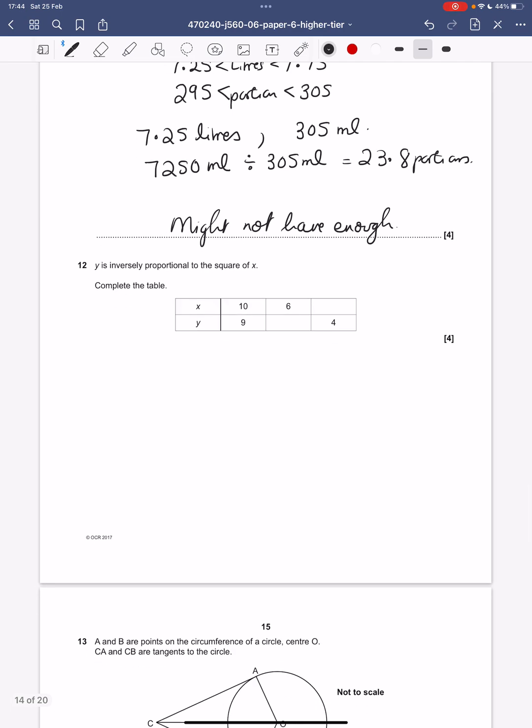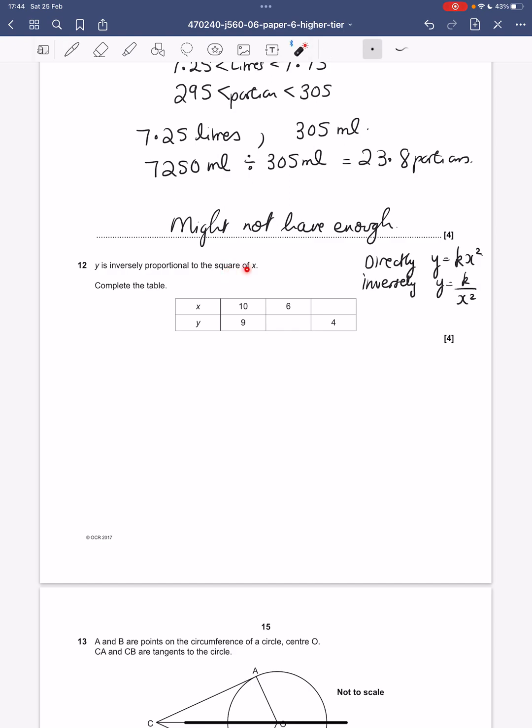Right, number 12. y is inversely proportional to the square of x. Okay, complete the table. So there's two things. If it's directly proportional, you'd have y equals k times x squared. If it's inversely proportional, it's y is k divided by x squared.